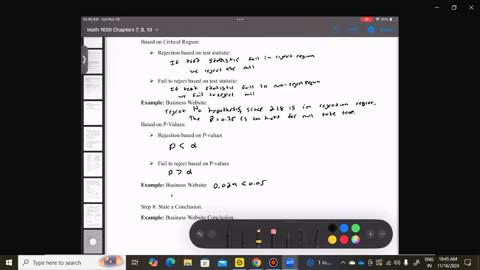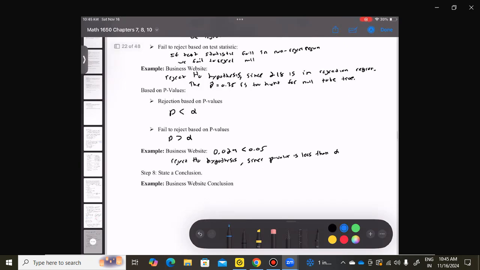Okay, so we would reject the null hypothesis since p-value is less than alpha. And this means that the sample proportion is unlikely to occur by chance.